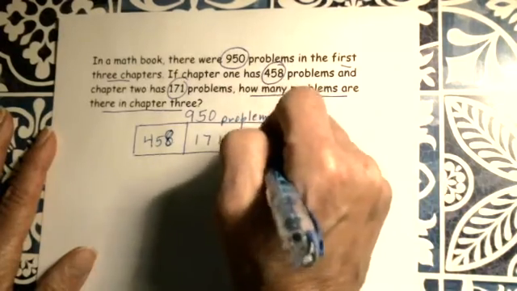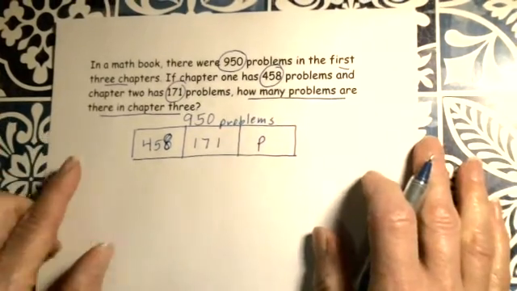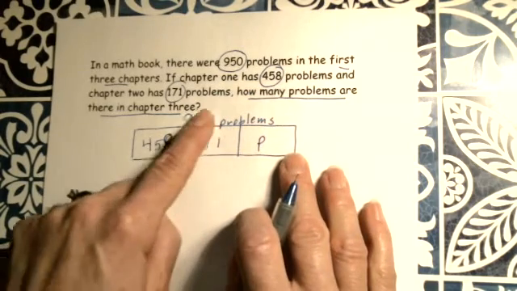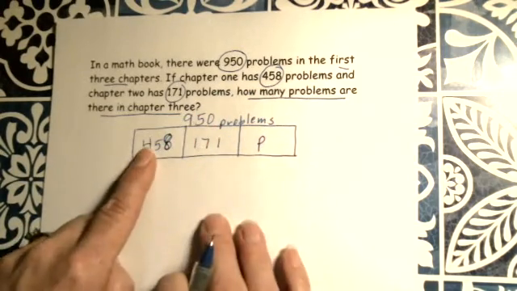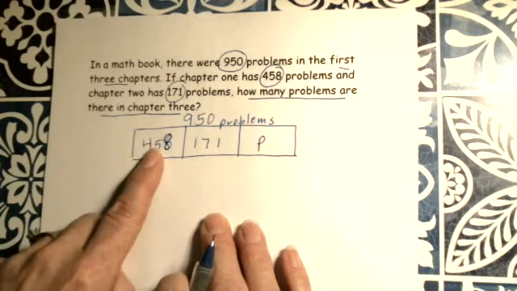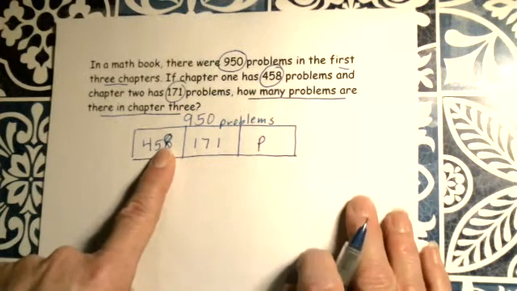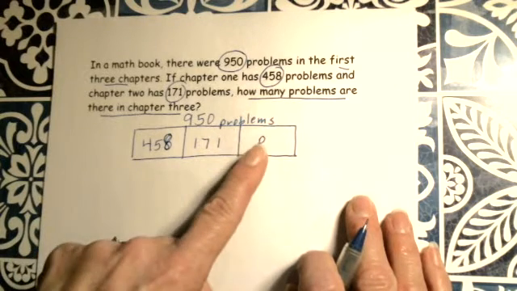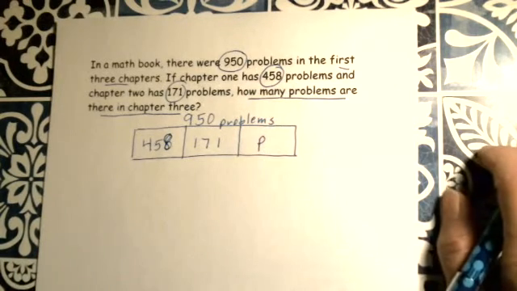So put a P to represent problems. They're telling us that there are 3 chapters. There are a total of 950 problems. There's 458 in chapter 1. There's 171 in chapter 2. And we don't know what's in chapter 3.